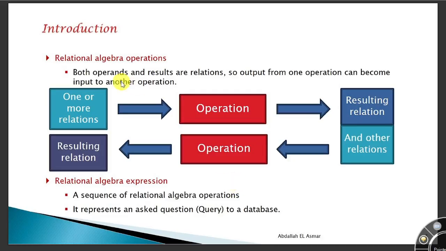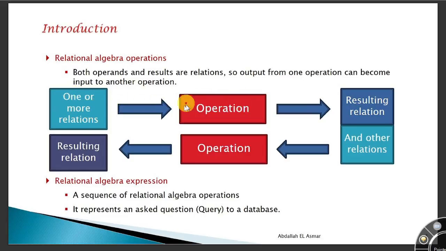In relational algebra, basically both the operands and the results are relations. So the output from one relation can be the input to another relation. Yes, for sure. Imagine that we have done a select for price greater than or equal to $1,000 on a table.